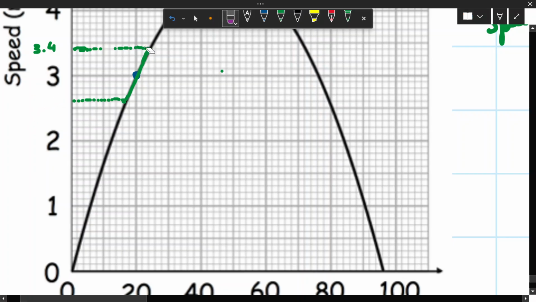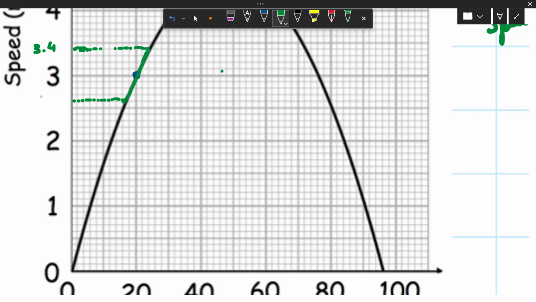And then this is 2.6. Yeah. So using that, I can figure out the rise. So from 2.6, I have gone up to 3.4. So 3.4 take away 2.6 gives me the rise, which is 0.8.